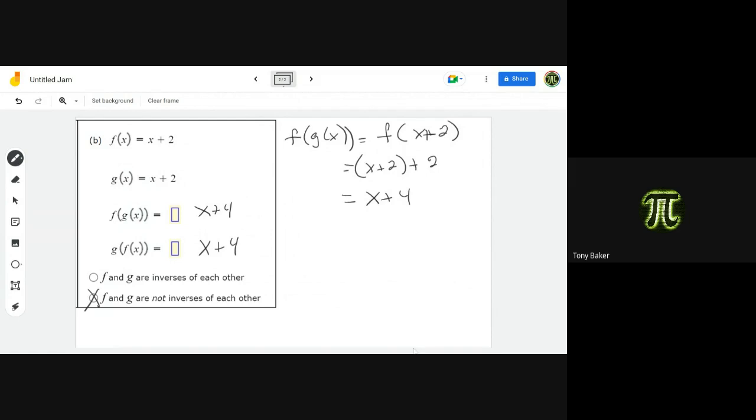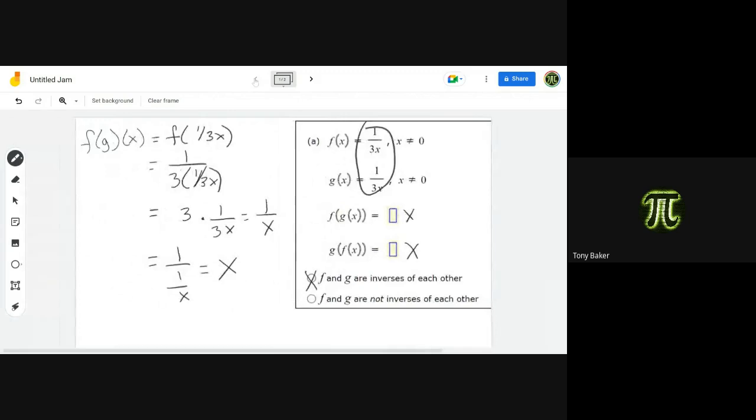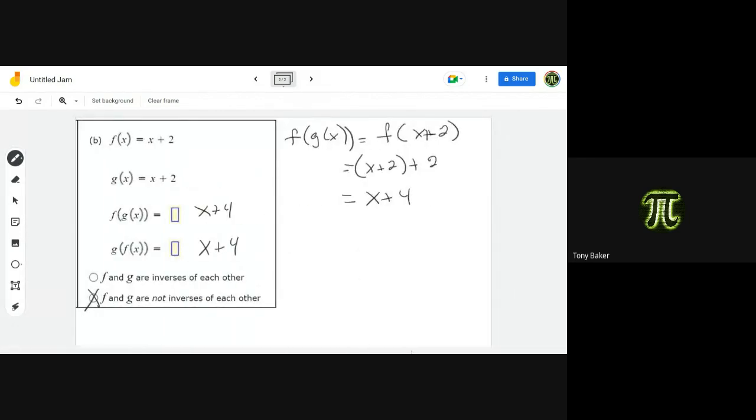Also, another question about the last one. Forgot to ask, the x is not equal 0. What do you mean? That one. Oh, yeah. X can't equal 0. That's just the domain restriction.